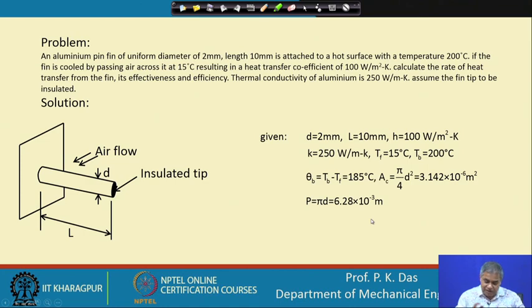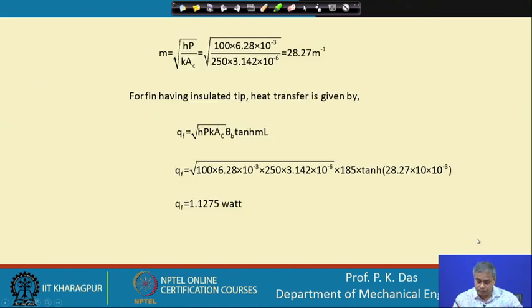If we go to the next slide now, first we have to calculate the thermogeometric parameter, which is the most important parameter of fin design, that is m. It is square root of h p by k A c, where h is the heat transfer coefficient, p is the perimeter of the fin, k is the thermal conductivity and A c is the cross sectional area.